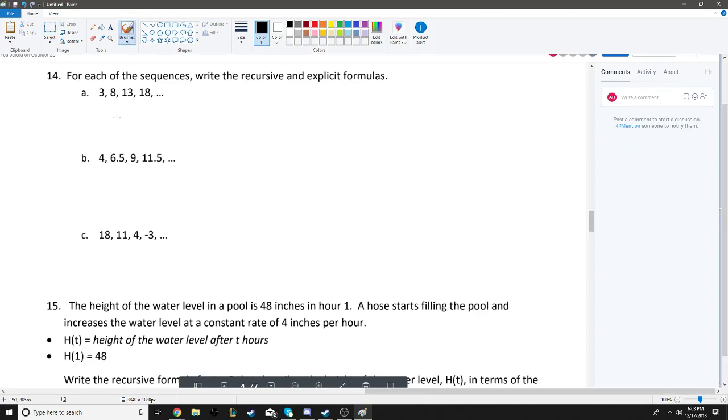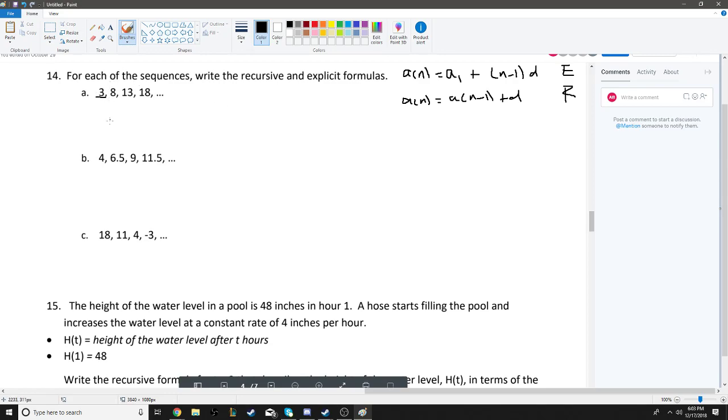So right up here for A, the sequence. So we need the explicit formula and recursive. Explicit is A of n equals A of 1 plus n minus 1 times d. That's the explicit formula. The recursive formula is A sub n is equal to A of n minus 1 plus d.